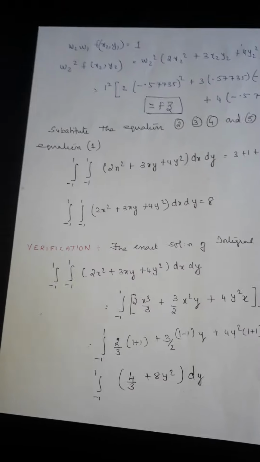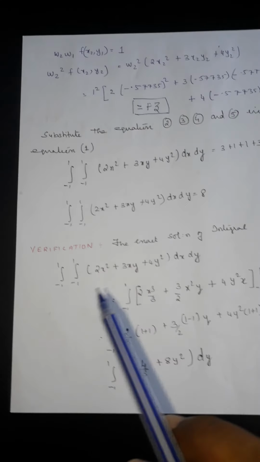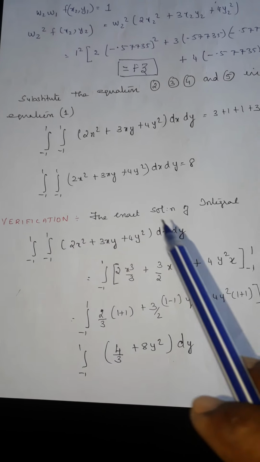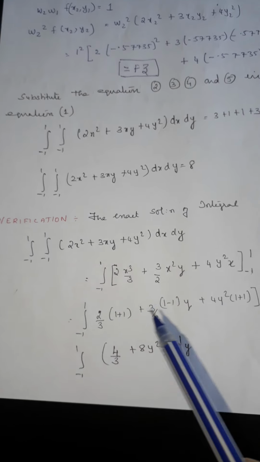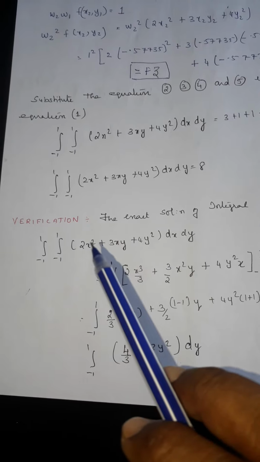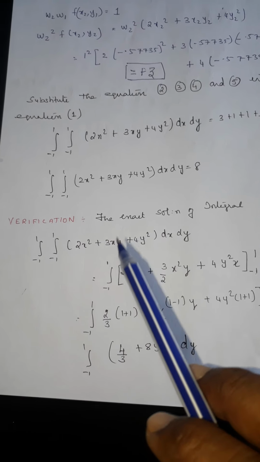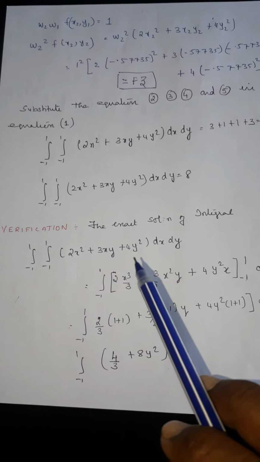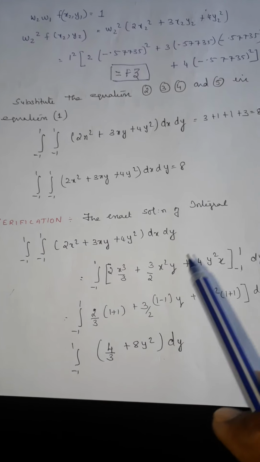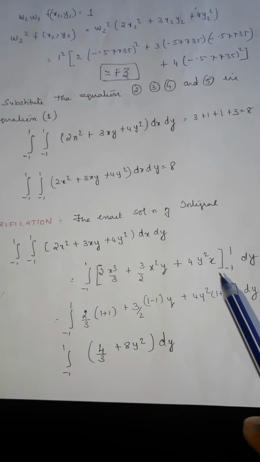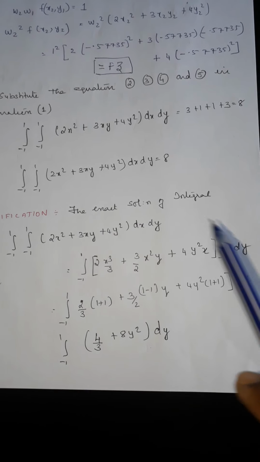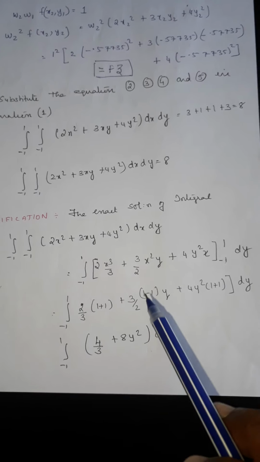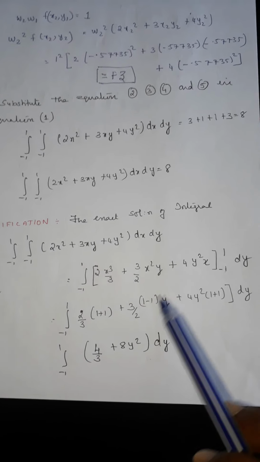We must verify this by ordinary integration, dx dy. First you integrate with respect to x: 2x cube, x cube by 3, 3x squared by 2, y, 4y cube x dy. Now substitute the upper limit and the lower limit; this part gets 0, so it goes away.